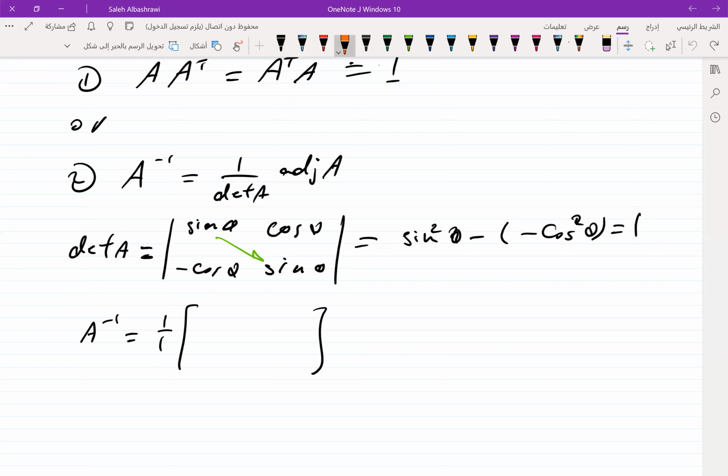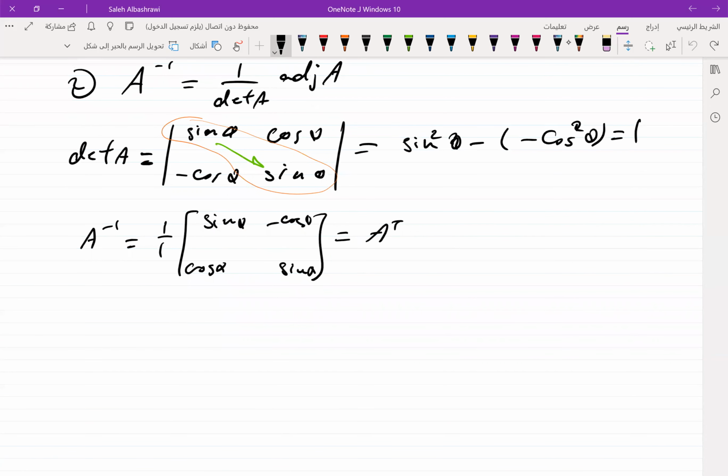Adjoint means we need to switch the main diagonal, that will be sine and sine, so there's no change, and multiply the other diagonal with a negative sign. This will be cosine theta, and this will be minus cosine theta. But this is the transpose of the matrix. So A is orthogonal. It's very clear that this is orthogonal.